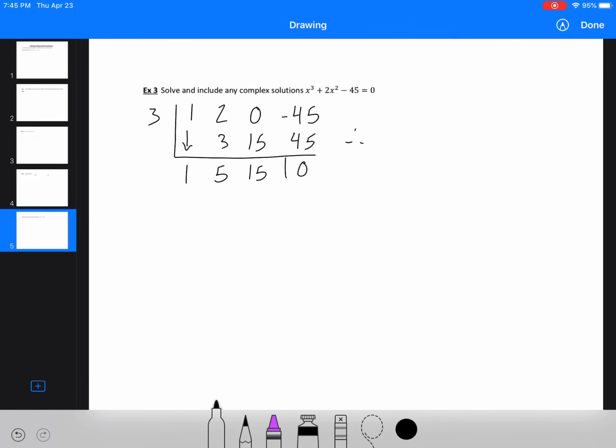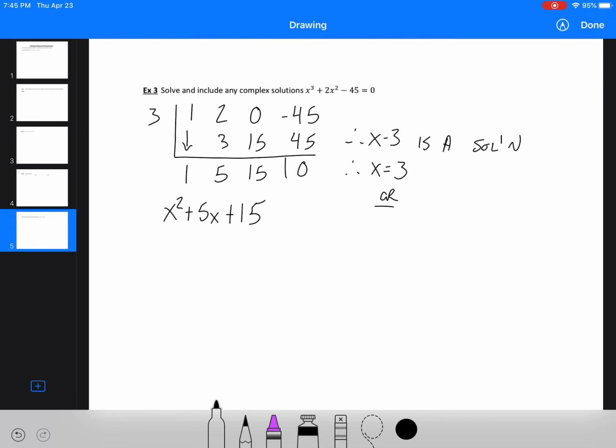So therefore, x minus 3 is a solution. Therefore, x equals 3. Or, we know there's going to be an or, there's still an equation: x squared plus 5x plus 15.